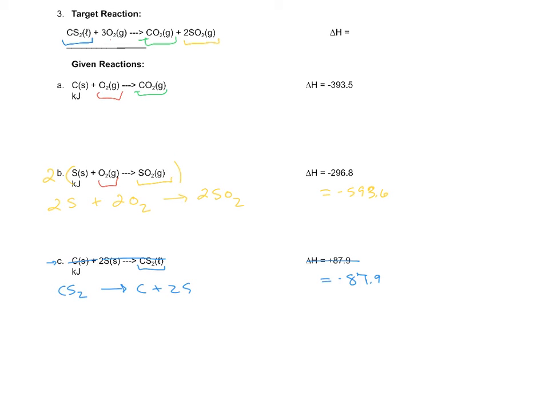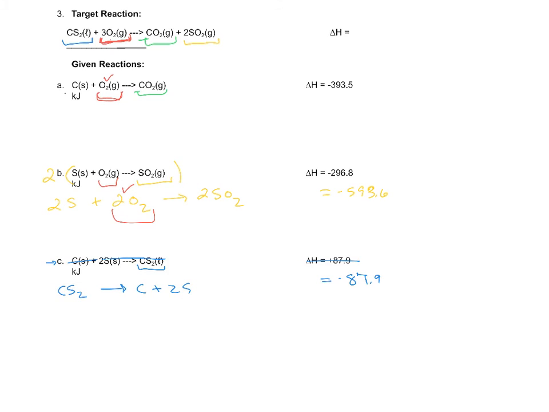Now we can go back and double check our oxygen to see how this works. You need 3 oxygens in the target, and in the first reaction you have 1 oxygen, and in the second one you now have 2, so you ended up with 3. Now that we have confirmed that each chemical in the target reaction is present in the right amounts and on the right sides of the given reactions, we can go around and cross off the chemicals that are not present at all.